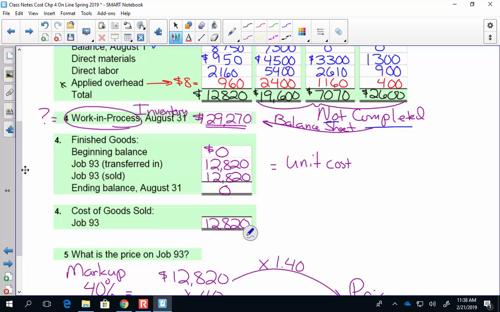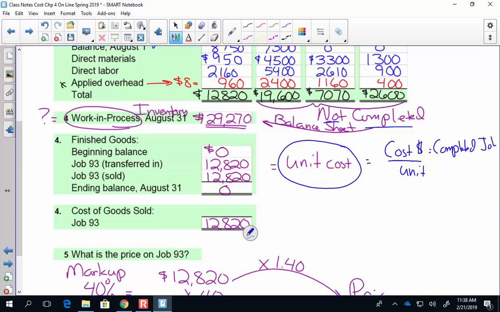Remember, when we have our total completed cost, that's when we can come up with a cost per unit, right? So only when the job is completed can we do this computation. We can't do it before, we can't do it while it's in WIP, because we're not finished with it yet.